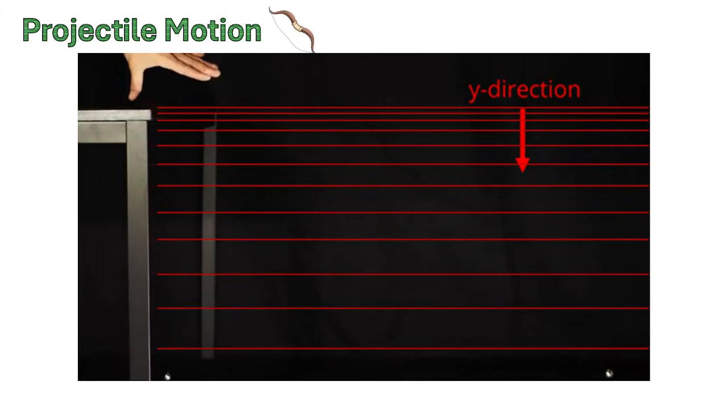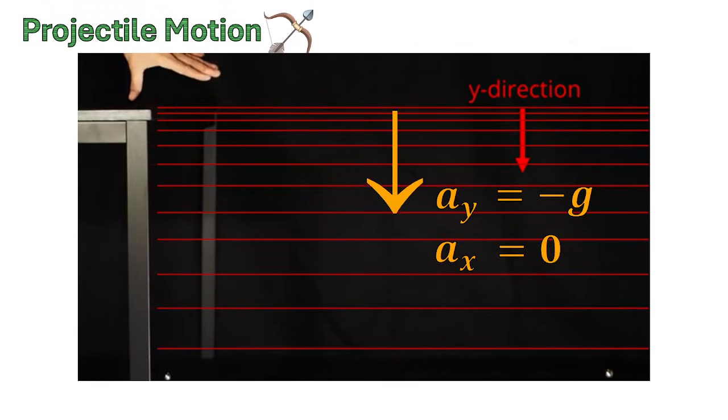it is clear here that both marbles were released and both marbles reached the bottom at the same time. So I think it's safe to say that there is an acceleration in the y direction, which is negative g, and there is no acceleration in the x direction because our Vx is constant.